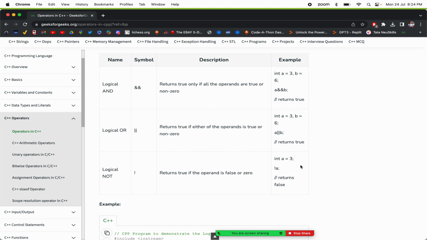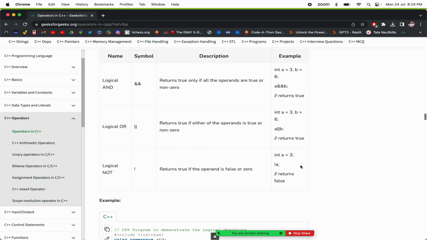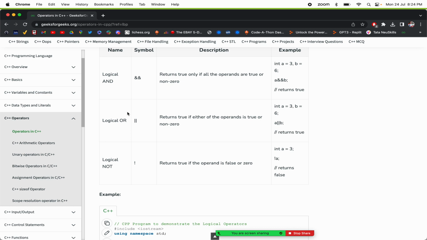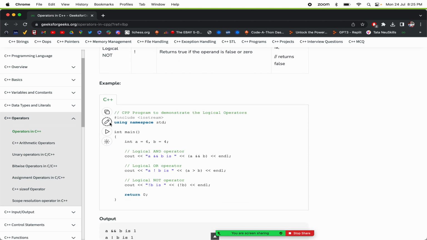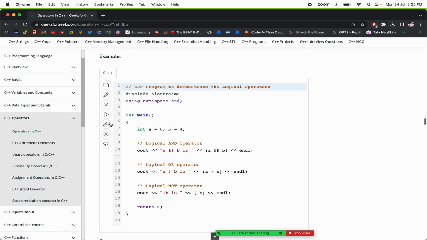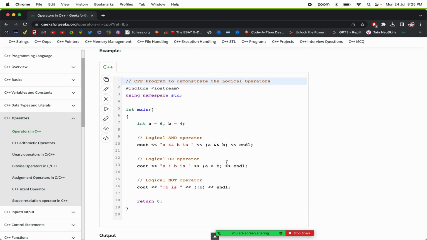We are using the not operator before the true value, so it will change the result to false and it will give us false. So we have seen and, or, and not. Now we can just use all of these logical operators. For example, over here we have seen the example a and b, a greater than. Over here they are not using the or operator.